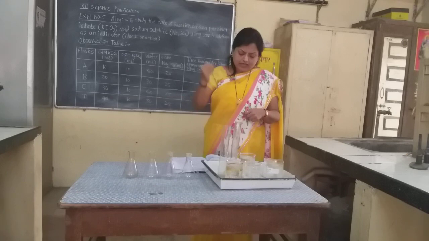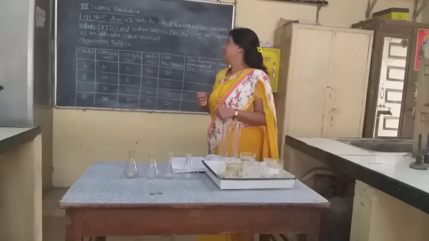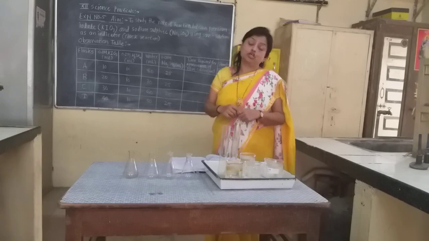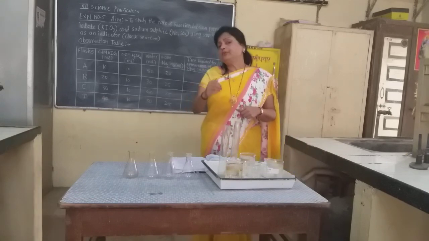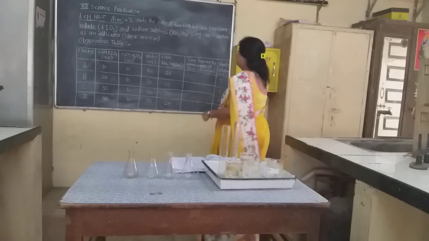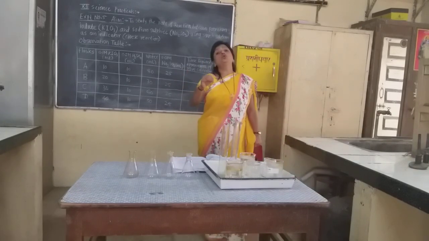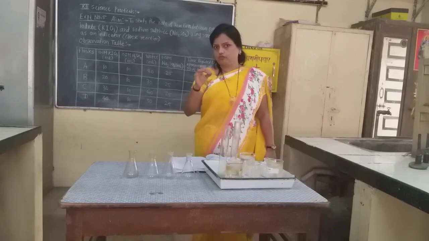And then a similar procedure is repeated for B, C and D conical flasks also. Every time during the addition of the sodium sulfite, we have to start the stopwatch.